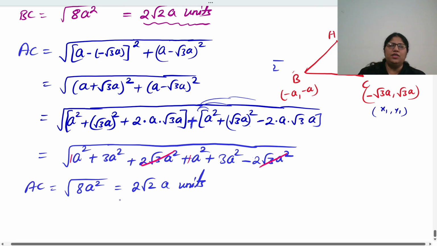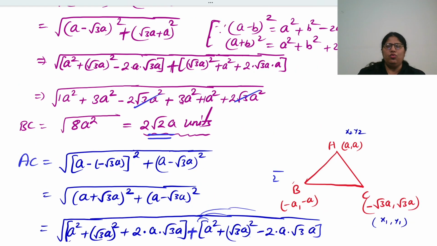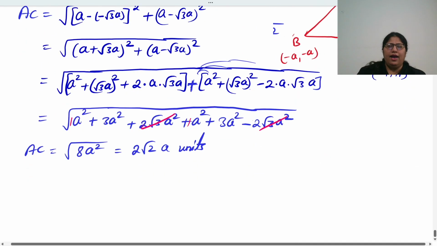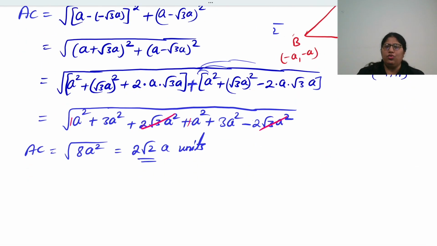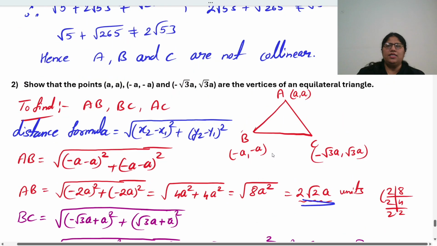Now observe this, AB length you got as 2 root 2a, then BC length also you got 2 root 2a, right? And AC length is also 2 root 2a. So you can write down here, therefore AB is equal to BC is equal to AC, which is equal to 2 root 2a, right? Therefore, what was the question here? These vertices are representing the equilateral triangle.